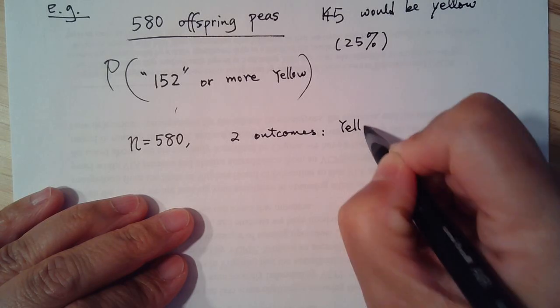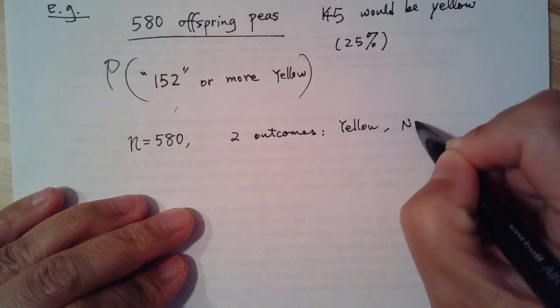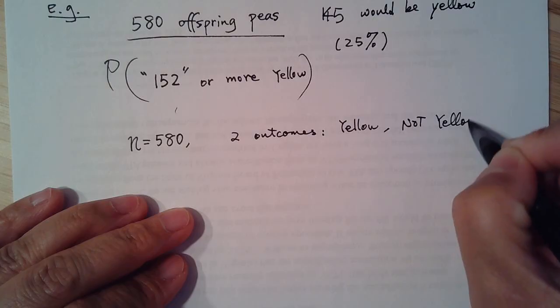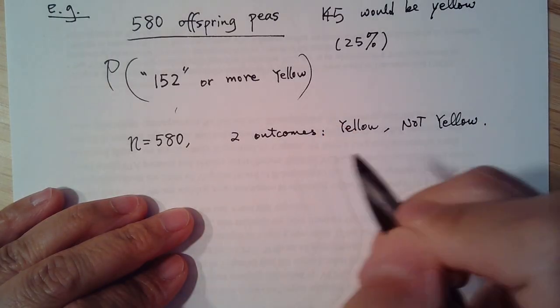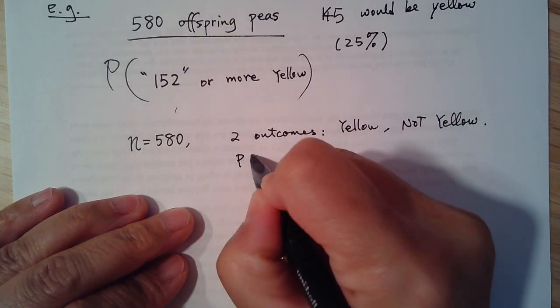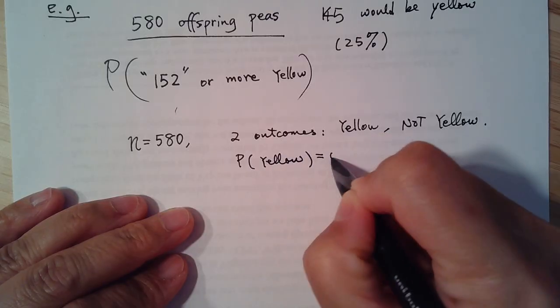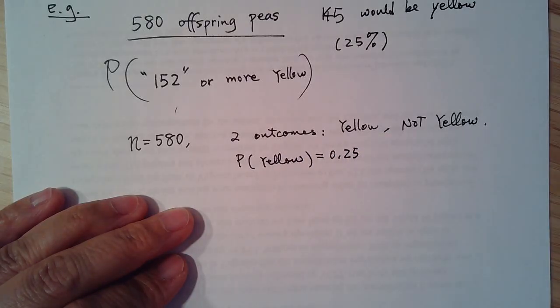Yellow, not yellow, which means green. Okay, and for each outcome, the probability of yellow equals 0.25 or 25%, and that doesn't change.